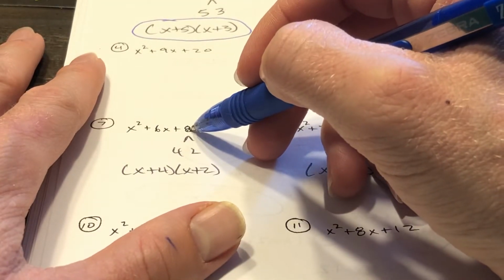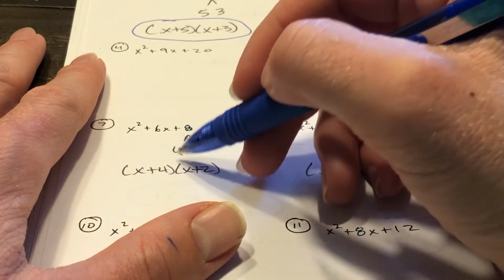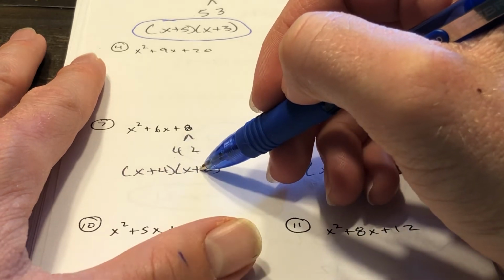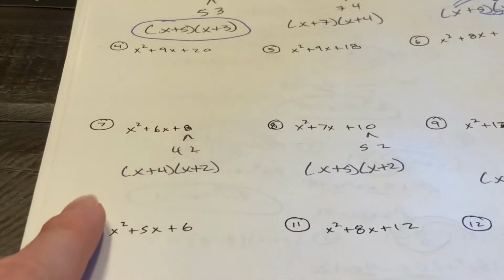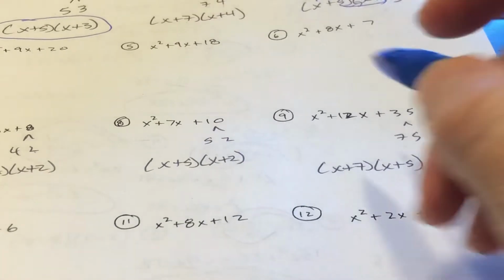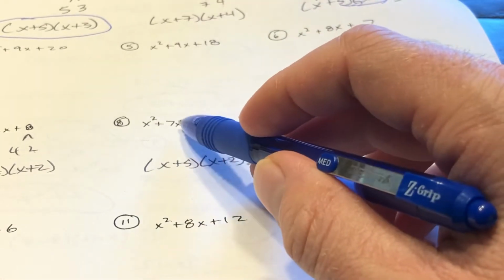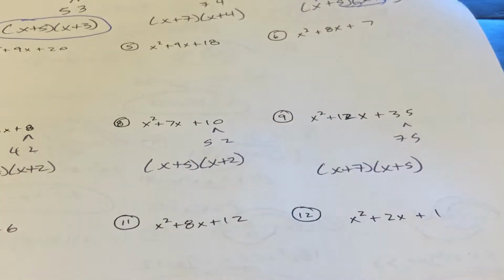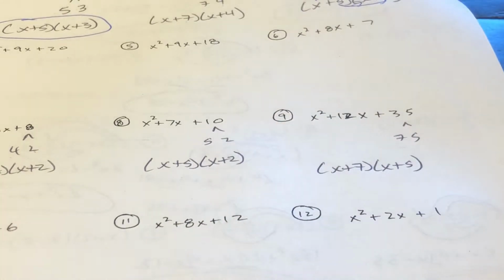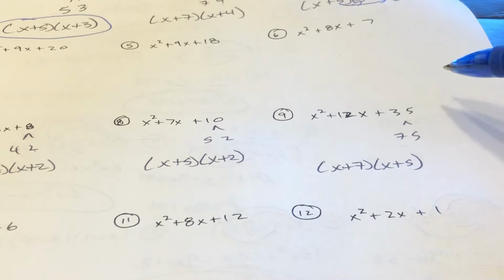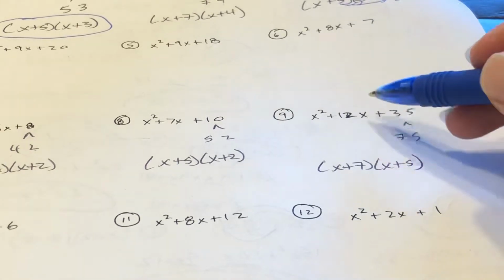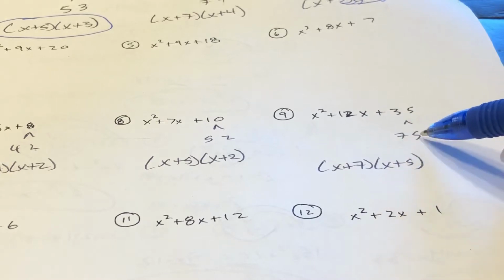What multiplies to 8 and adds to 6? 4 and 2: x plus 4, x plus 2. What multiplies to 10 and adds to 7? Positive 5, positive 2. x plus 5, x plus 2 are your factors. Make sure you use parentheses. We're going to do more with that later. We want to find solutions. What multiplies to 35 and adds to 12? Positive 7 and positive 5.